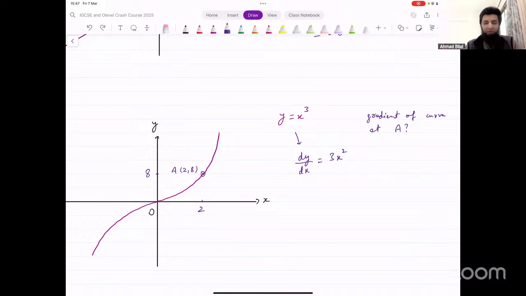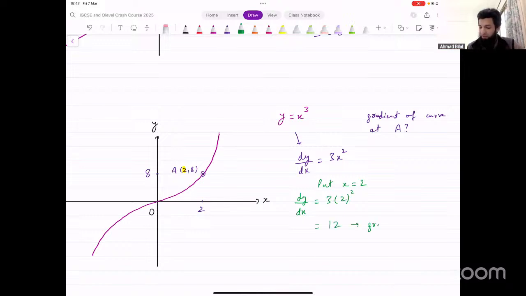If you want to find the gradient at the point A, what's the x coordinate of A? The x coordinate of A is 2. So what you do now is you put x equal to 2 in this derivative. What does that give you? That gives you dy over dx equals 3 into 2 squared, and that simplifies to 12.